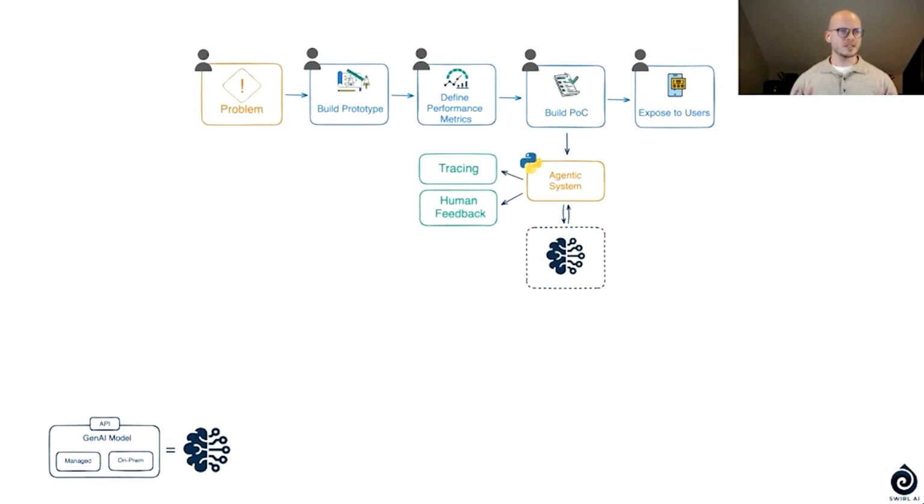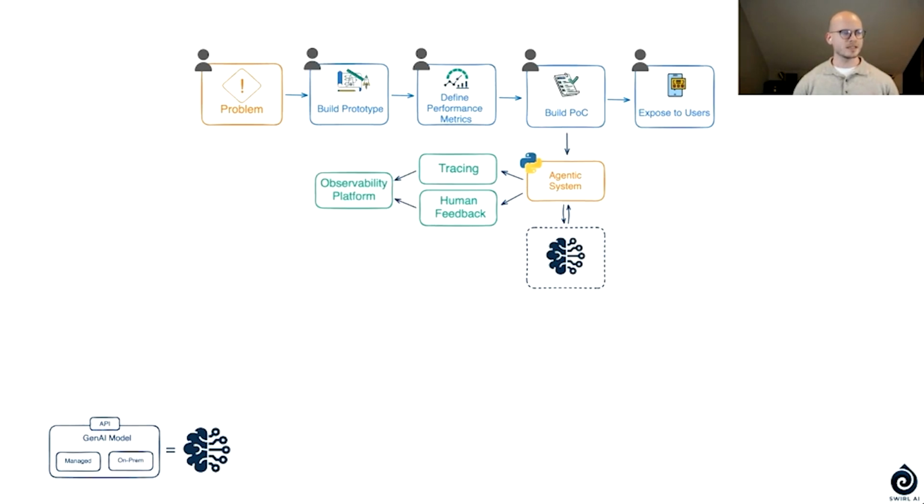Now, the first part where we really start implementing LLMOps, and this is where I think the cornerstone is set, is implementing proper tracing and properly attaching human feedback to your agentic system, which is operating in the backend. What we really want is to correctly connect the feedback that we get from the users of our MVP, deployed as soon as possible, so that we can react to it.